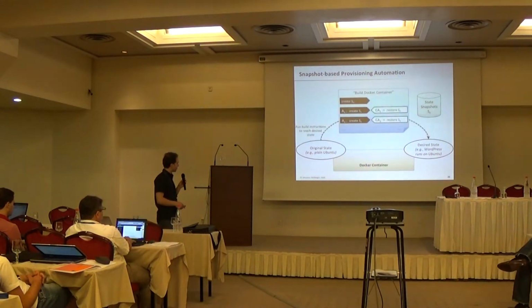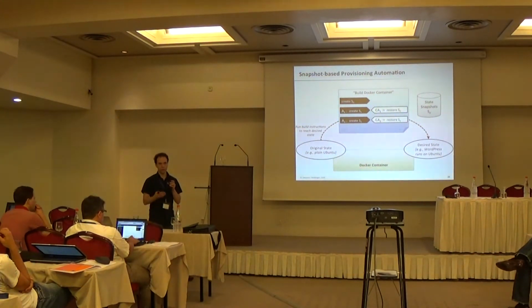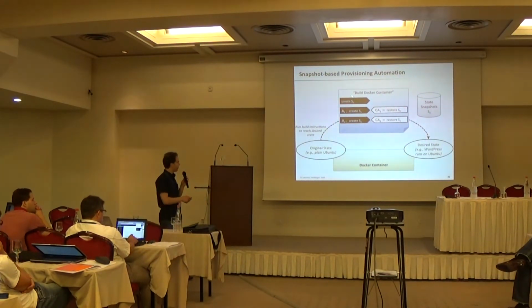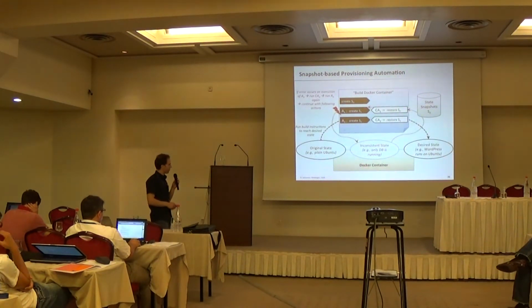How does it work? You basically run the build instructions to reach the desired state, and this could be codified in a Dockerfile. The Dockerfile defines all the actions that you need to execute in order to transform a certain container from a plain Ubuntu container, for example, to a container that runs WordPress. If there's something wrong, the mechanism is a bit different.